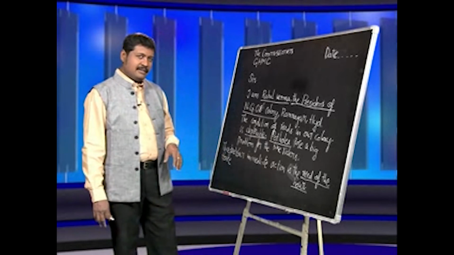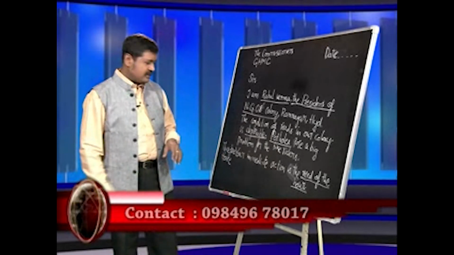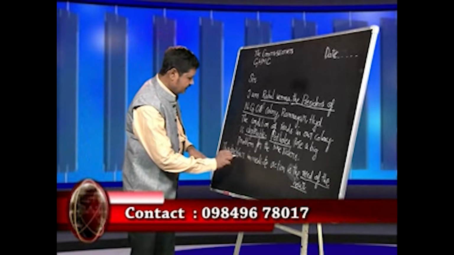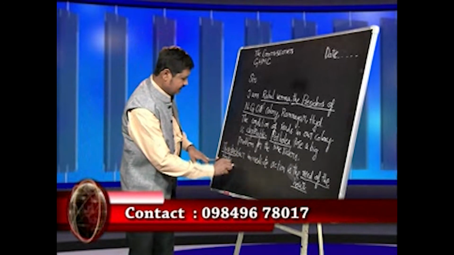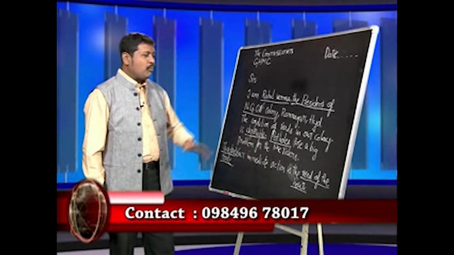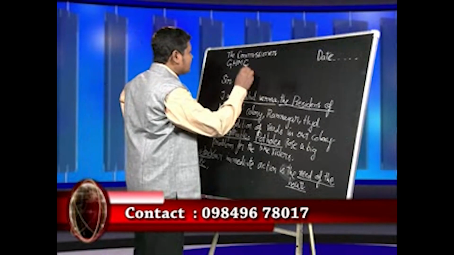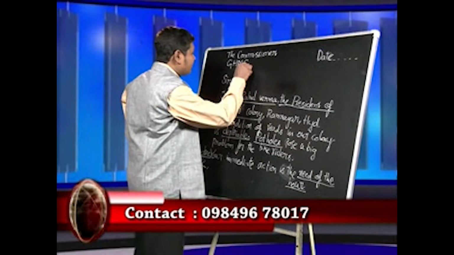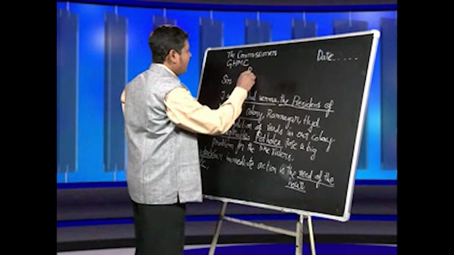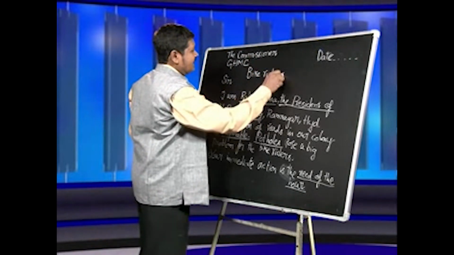Remember, all these linkers are connecting words, progression markers. In this sentence, the linkers are therefore, or hence. Your immediate action is the need of the hour. Potholes pose a big problem for the bike riders. There are several cases, several instances where the bike riders skidded.